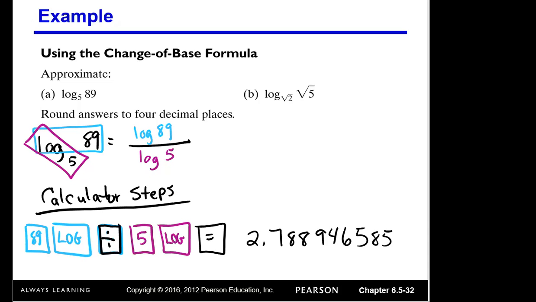And they want us to go to 4 decimal places. So 1, 2, 3, that's the 4th decimal place. Because the next number is a 4, that'll stay as a 9. So I should get 2.7889. And the next slide shows their answer.